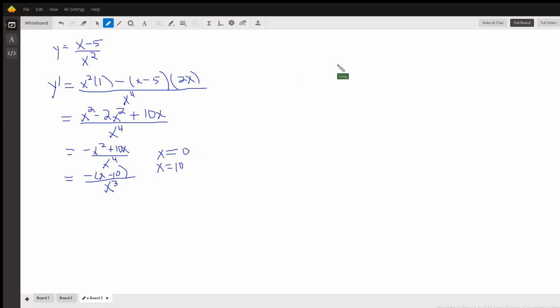And if we go to a little number line, if I put 0 on here, I might put x right here to indicate that that's a vertical asymptote. The function's not defined there. And at 10, we want to know what is the sign of the first derivative, which will give us information about the original function.